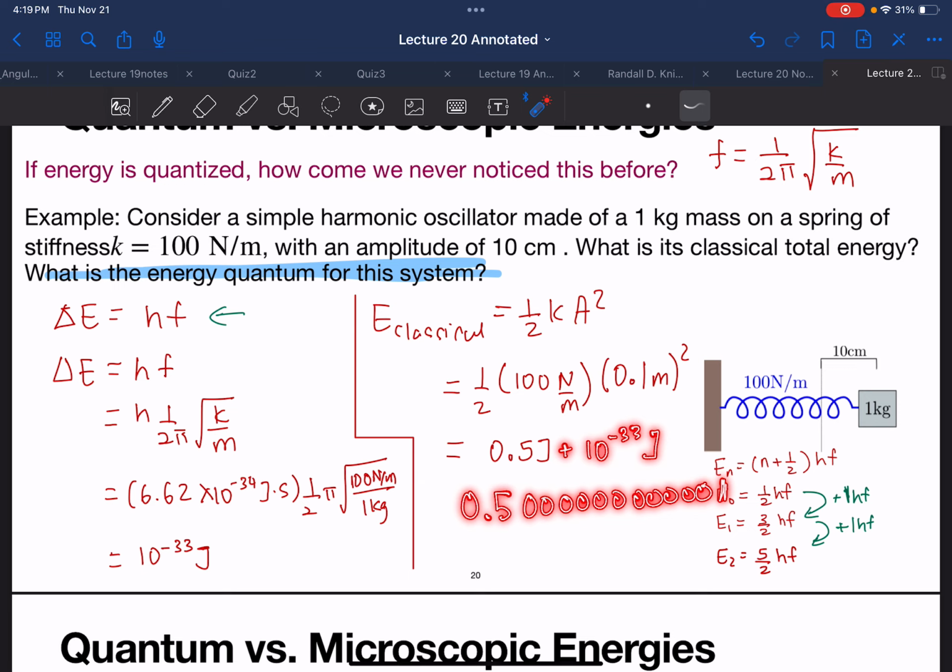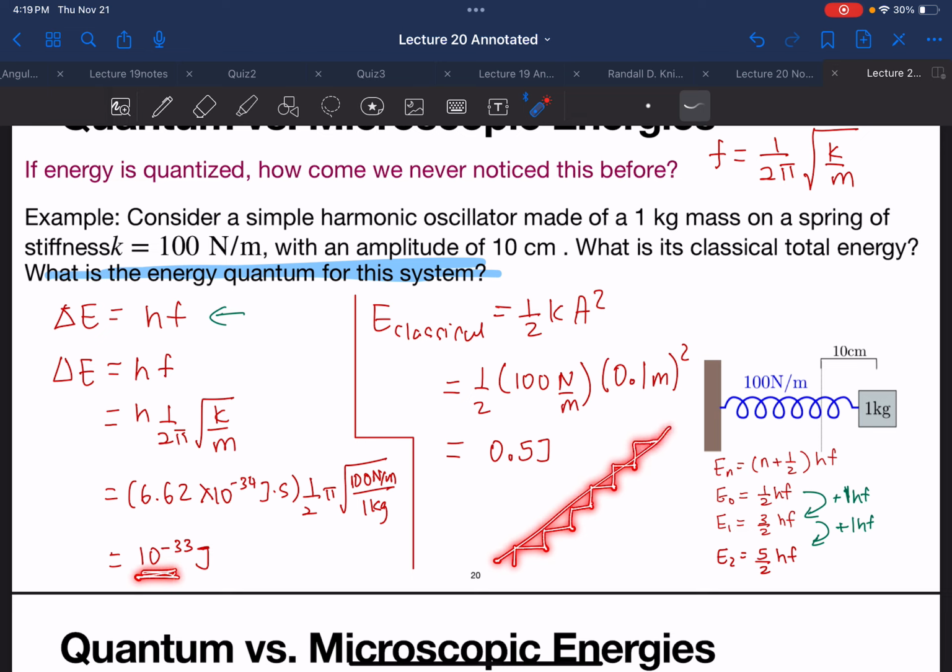Okay, so the reason why we don't notice these quantization steps in our macroscopic world is because the steps are so tiny that the quantity we're talking about seems like a continuous quantity. Imagine this.